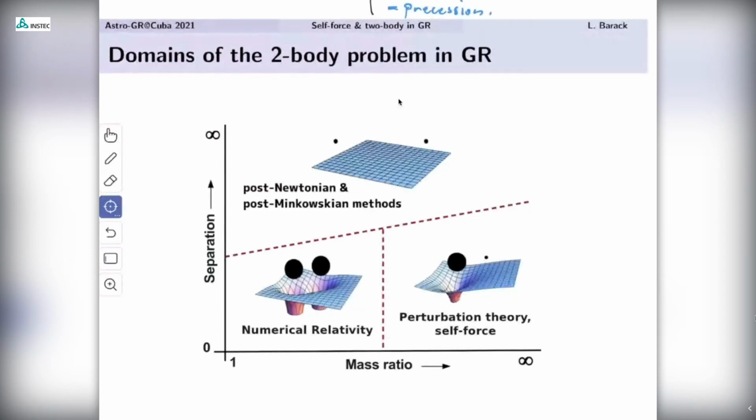And you can write down equations of motion that describe the motion of this particle in an entirely mathematically rigorous way, using something called matched asymptotic expansions that I'm hoping to talk about in a few minutes. Okay, let's move on.